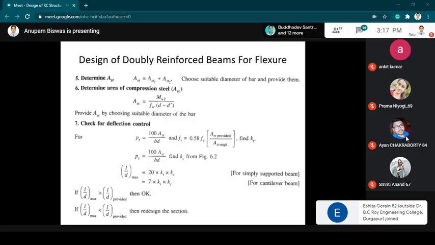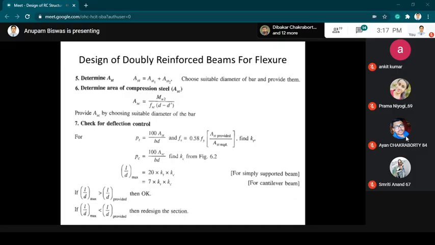For singly reinforced beam, we have to find the value of area of reinforcement in terms of PT, and from the plot that we have discussed for the factored value of tension, we have to find the value of PT in terms of 100 AST by BD, and consecutive value of FS we have to find out, and from there FS is known as 0.58 Fy into AST required by AST provided. As already discussed in the previous chapter, it is similar.